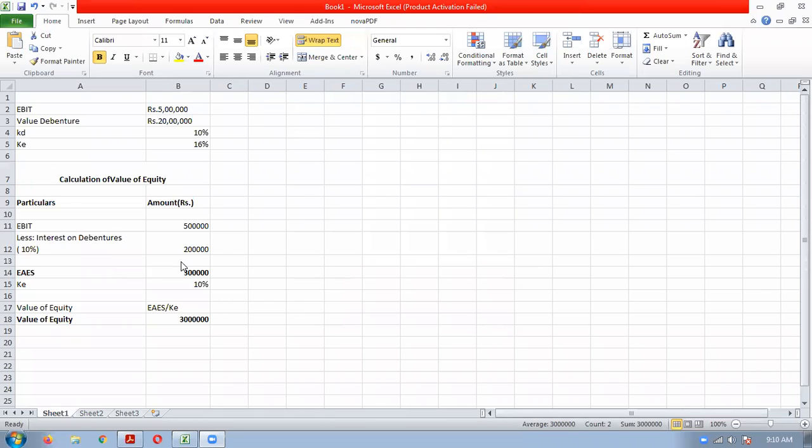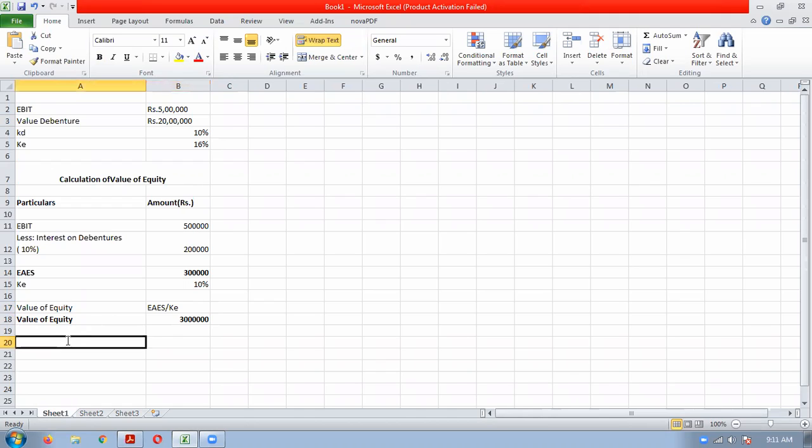So value of equity will be earnings available to equity shareholders capitalized at KE percentage. Now we have got the capital structure. Equity is 30 lakhs, debt is 20 lakhs.